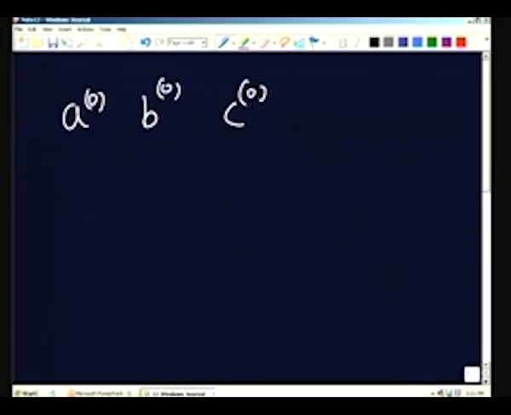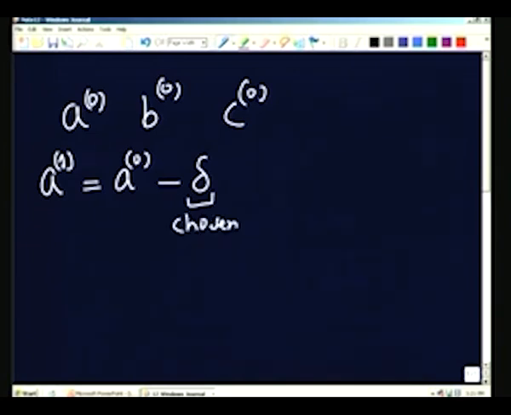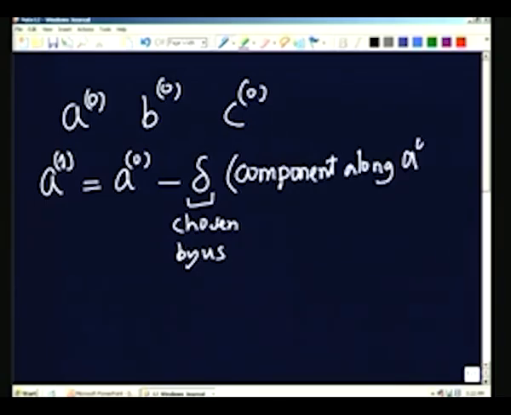I may next take the step such that I will have A1 equal to A naught minus some small quantity, I will call it delta, which is chosen by us multiplied by the component in the direction of unit vector component along A naught.